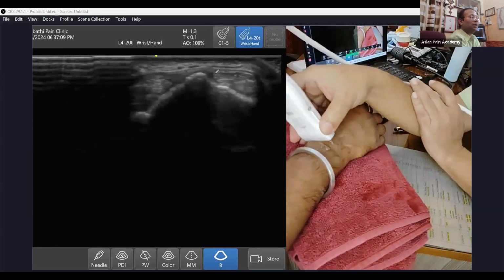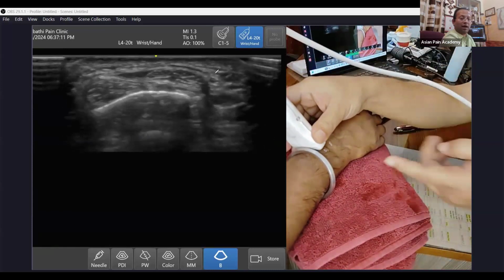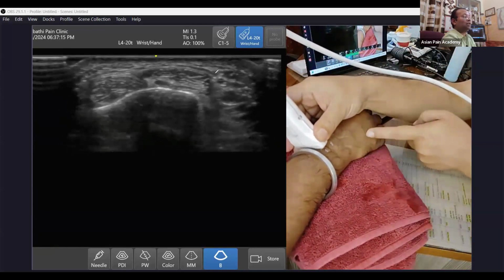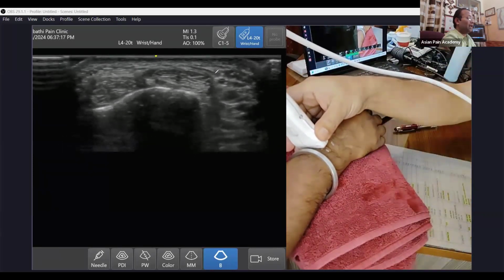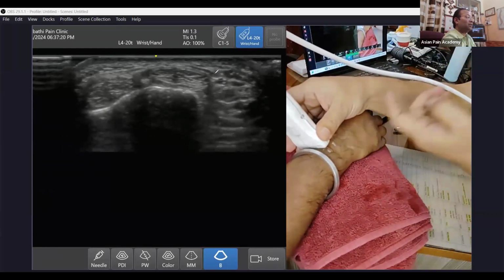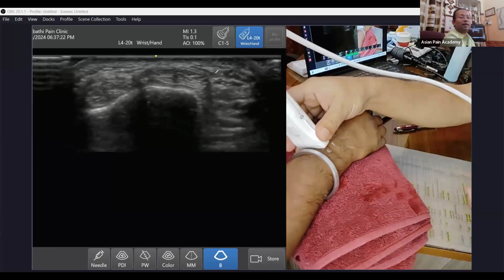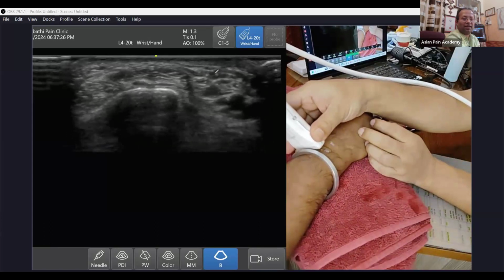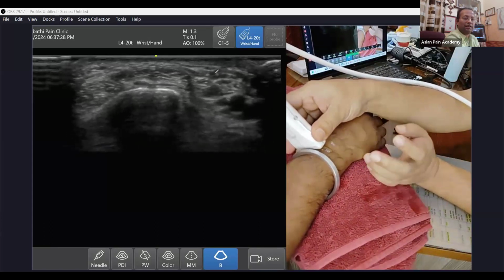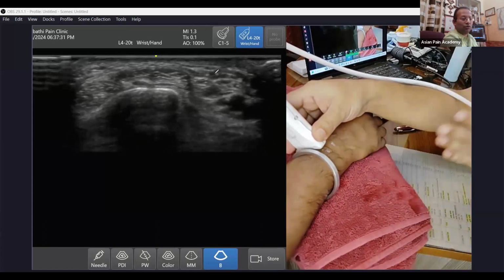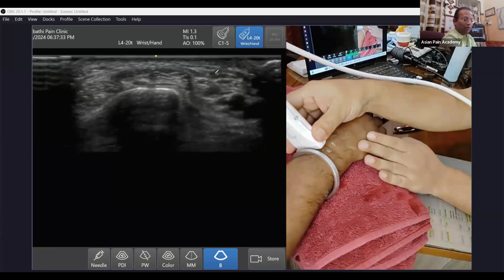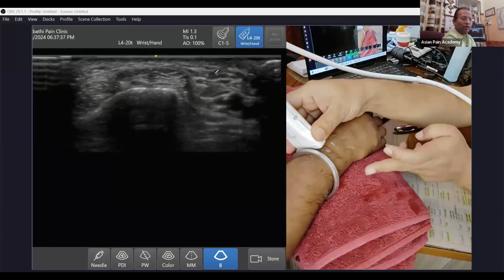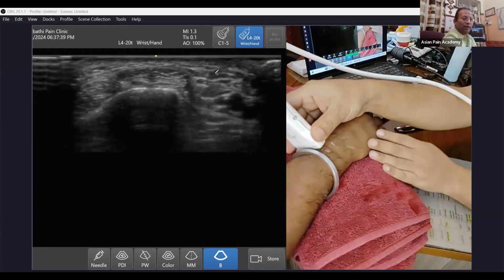What is the important thing here? When I come from the proximal side to the distal side, something in the subcutaneous plane should come from the palmar side to the dorsal side. Let's see if it happens or not. The right side is the palmar side, and the left side is the dorsal side. When I come from proximal to distal, something should go from the right side to the left side in the subcutaneous plane.